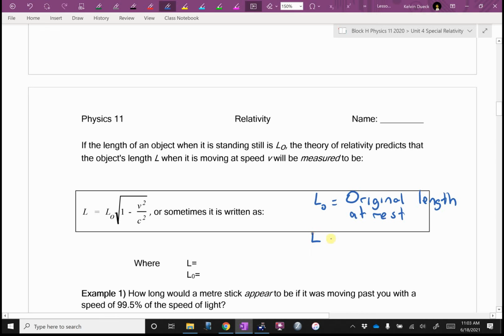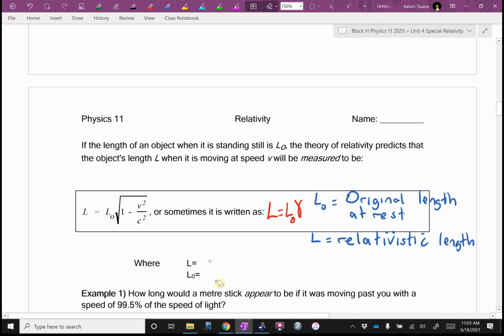And L is the relativistic length, the weird length. It's really similar to the time dilation equation, except that gamma thing, the square root, isn't dividing the L0. What's it doing instead? And so another way you'll see this written is L equals L0 times gamma.